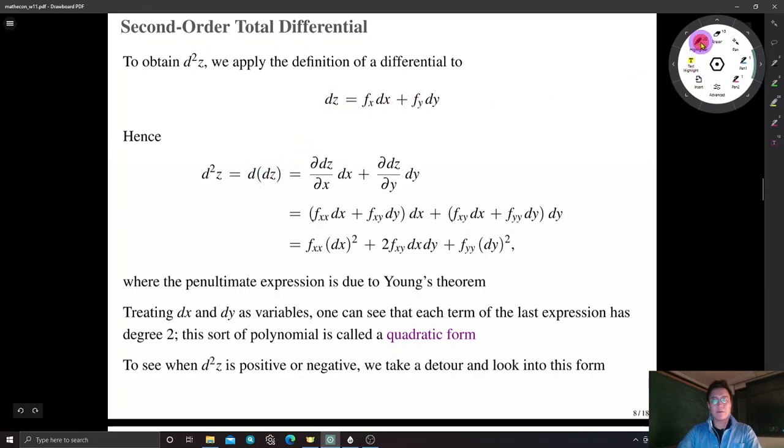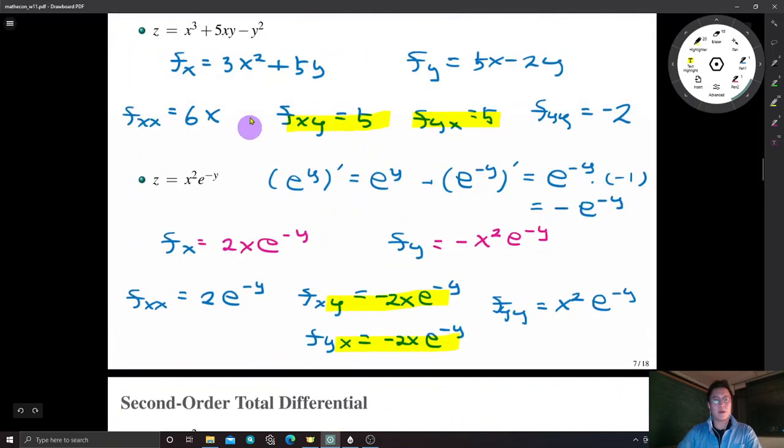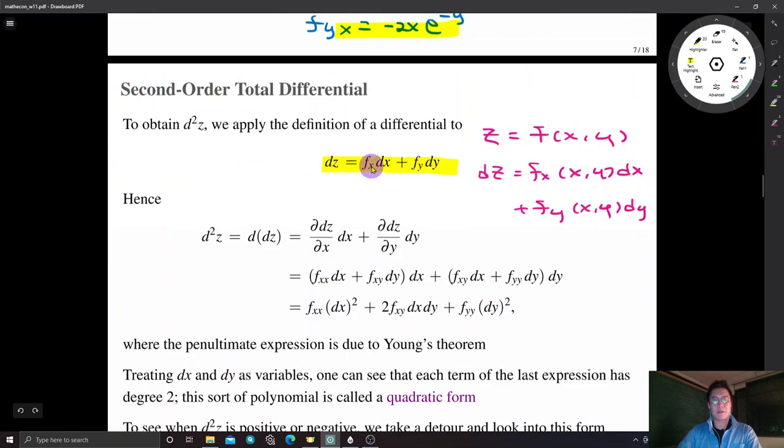But dz is right here. z is given by f of x and y, so dz is going to be f sub x, that is a function of x and y, times dx, plus f sub y, that is also a function of x and y, times dy. Just as partial derivatives can be regarded as functions of x and y, these two partials f sub x and f sub y are functions of x and y.